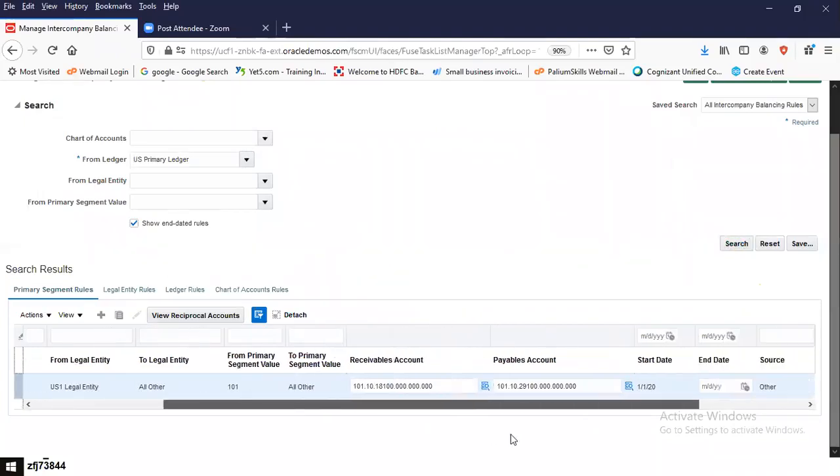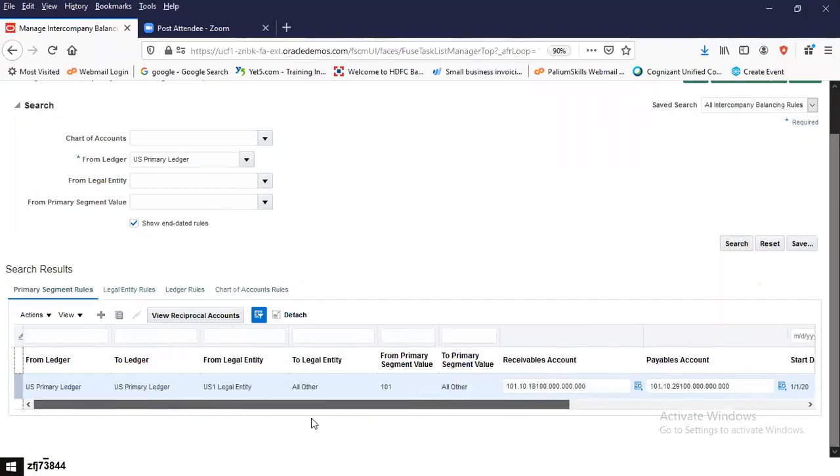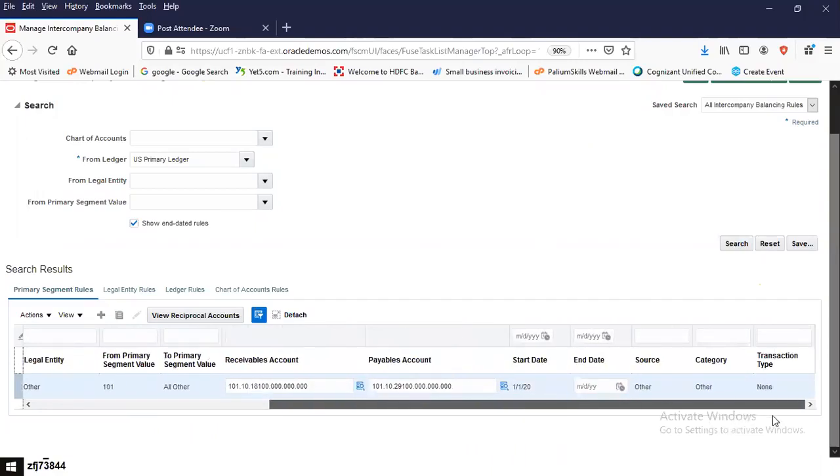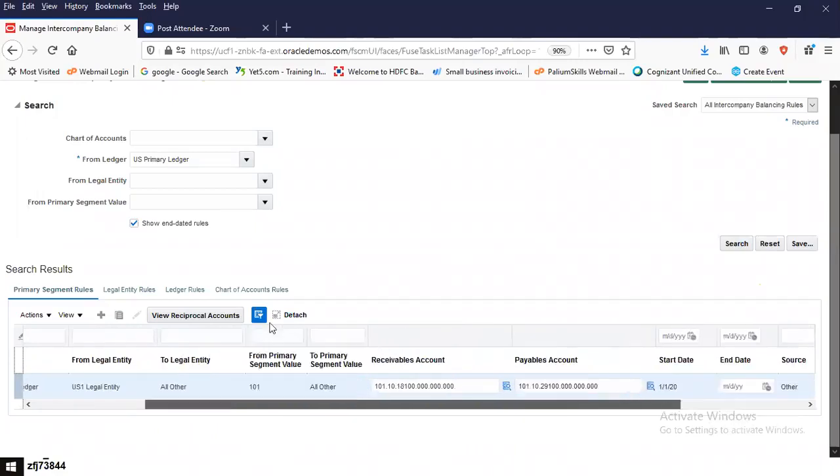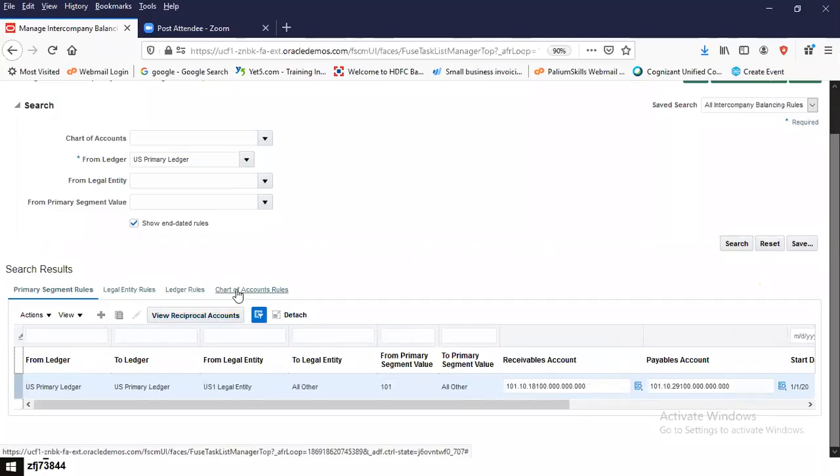Okay, so this is the one that we have just now set up. Okay, and so this is how you can define your rules.